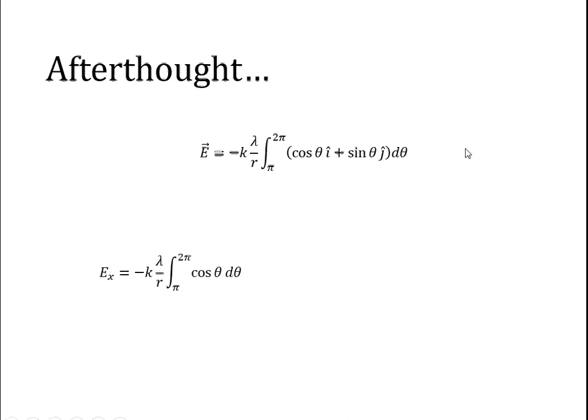Just as an afterthought, it may be that you don't want to work with the ij notation. Sometimes it's useful, sometimes it just requires extra writing. But I should point out that you can separate it out and think about the x component and what that would be, and do this integral, and think about the y component and what that would be.